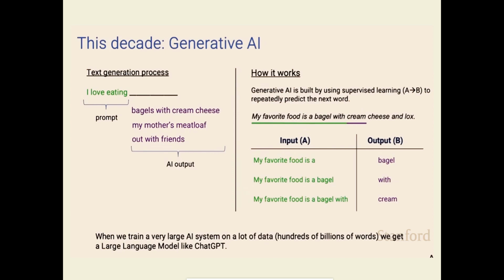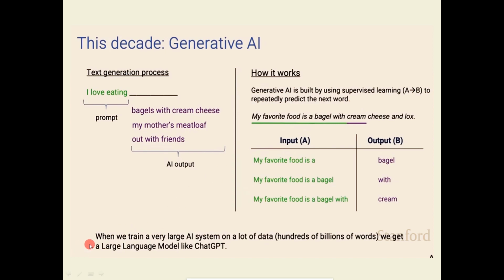Then it produces a model that can predict the next word in new text, or otherwise generate new things and new words, not only predicting the next word. It can generate new words.